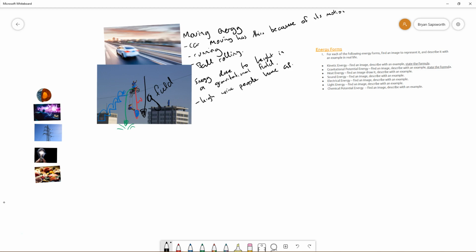They have gravitational potential energy stored in them. The energy has the potential to make them accelerate downwards.